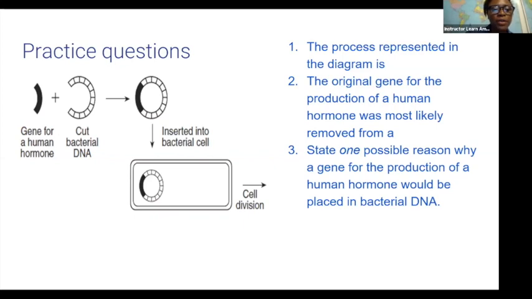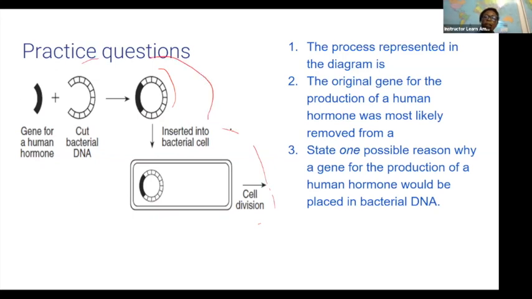The gene for a human hormone is inserted into a bacterial DNA. So here's the recombined DNA that's then inserted back into the bacteria. It goes through cell division. So the process represented in the diagram, what's the name of this process? That's what's being asked.